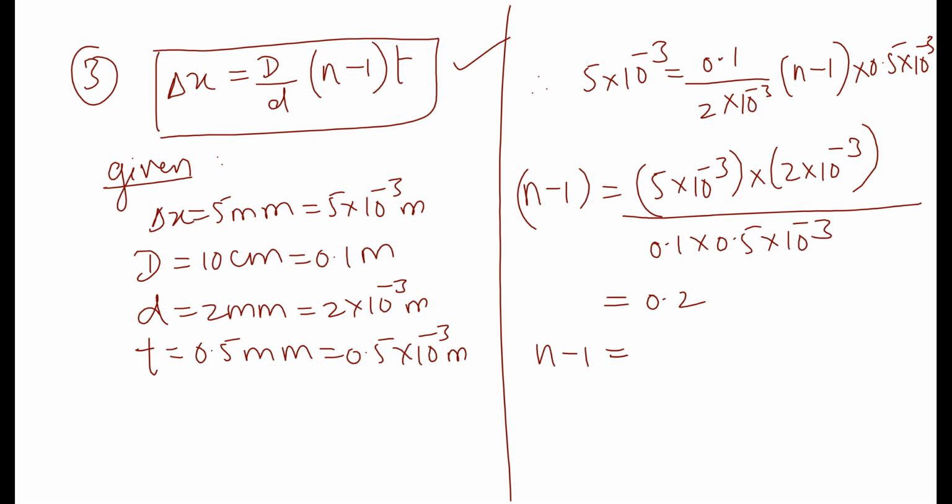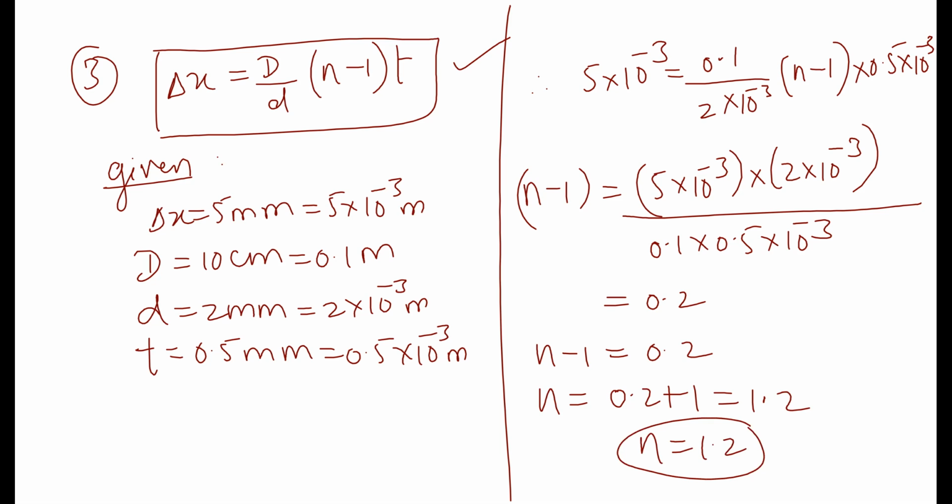So n is equal to 1 plus 0.2, that is 1.2. Therefore the n value is 1.2. Understood? Okay, well. Next we shall move to the fourth problem.